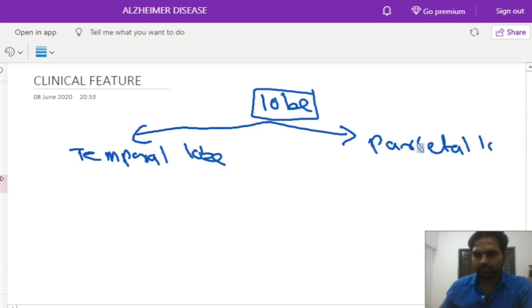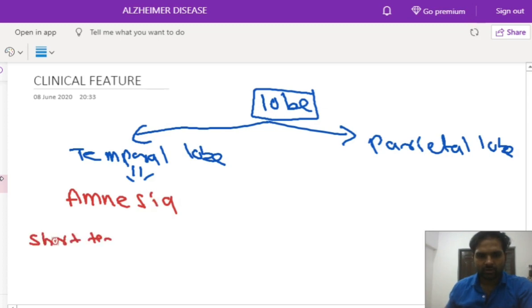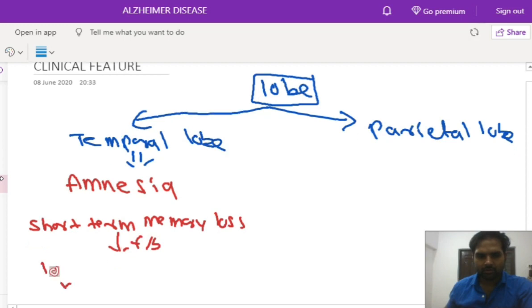If the temporal lobe is involved, then the patient will have amnesia. The amnesia is characterized by short-term memory loss, which is then followed by long-term memory loss.